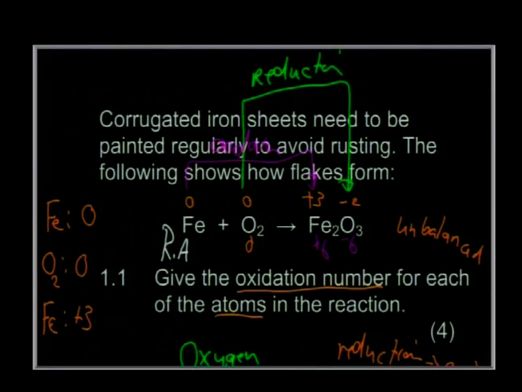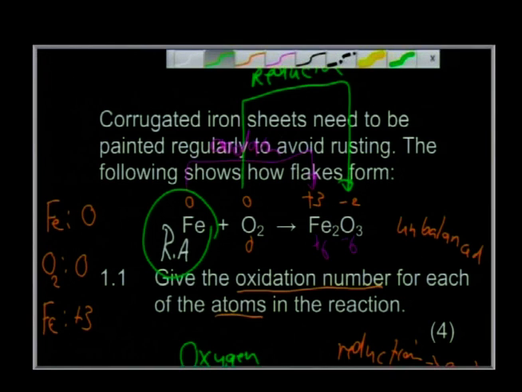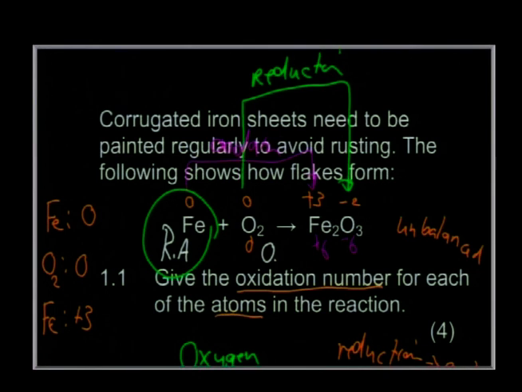The green was reduction, the pink was oxidation. The reducing agent is the iron. So there we are. That's the reducing agent. It makes reduction happen, whereas oxygen takes electrons and it is the oxidizing agent. So the oxidizing agent, it makes oxidation happen.